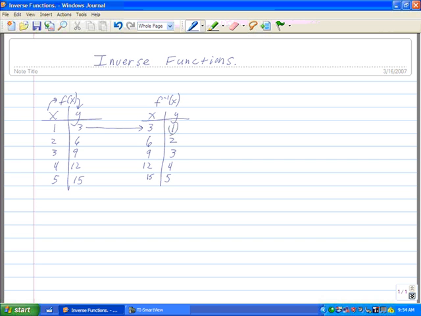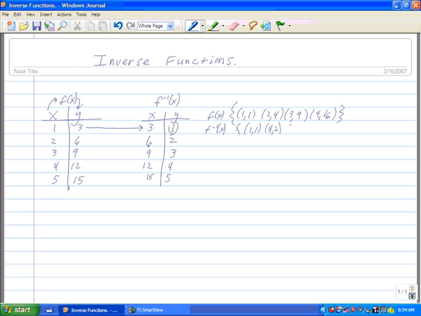One of the things you'll be asked to do is to take ordered pairs that represent a function and create an inverse function. So if we had (1, 1), (2, 4), (3, 9), (4, 16) as your original function, then the inverse can be found just by switching the order. (1, 1) would stay (1, 1) because it's two numbers that are the same.